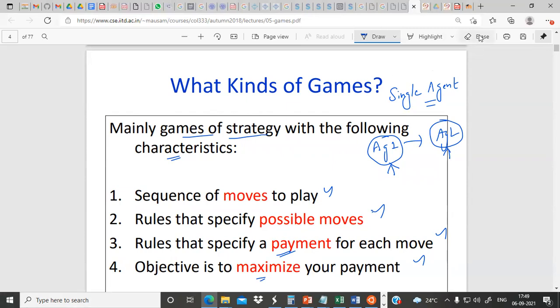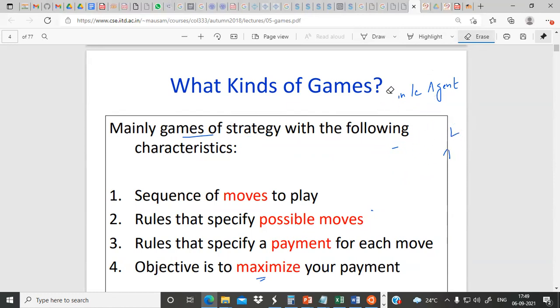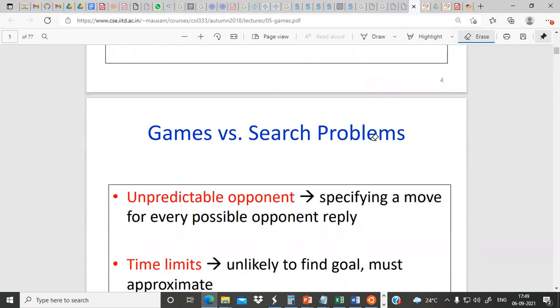So if you take any game of strategy, that is, any multi-agent game, it will have all these features: a sequence of moves to play, rules that specify the possible moves, and when you make a good move, you will be rewarded. The objective is to maximize your payment or reward.